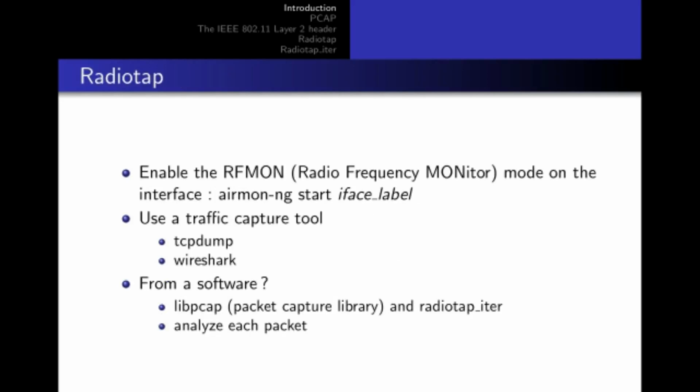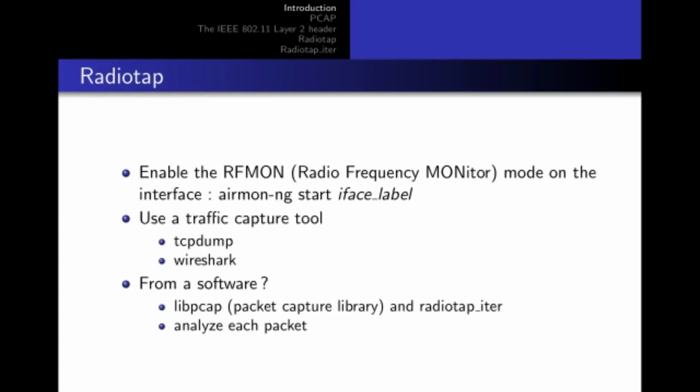With radiotap, you have to enable the RFMON, radio frequency monitor, mode on the interface. For instance, with Aircrack, you can use the command airmon-ng start on your interface. Or you can use a traffic capture tool such as tcpdump or Wireshark.